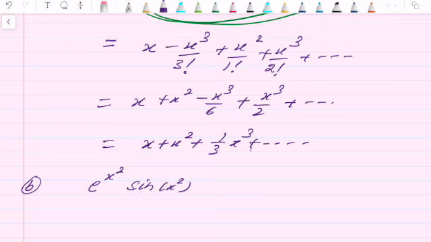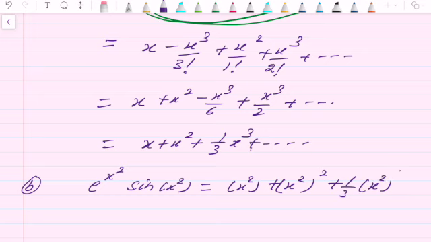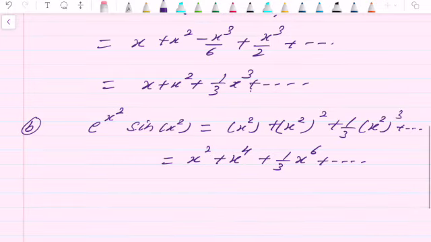So replace x by x squared in part A. So that will be equal to x squared plus x squared whole square plus 1 by 3 x squared whole raised to power 3 and so on. And then simplify: x squared, x raised to power 4, 1 by 3 x raised to power 6 and so on, step by step.